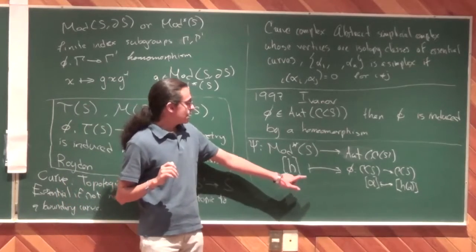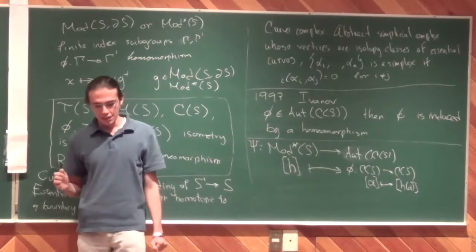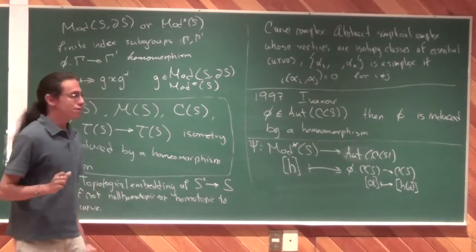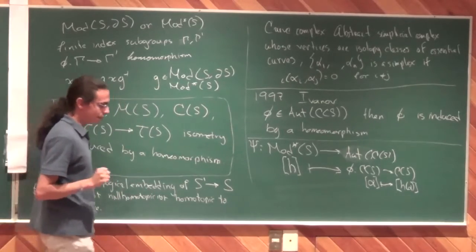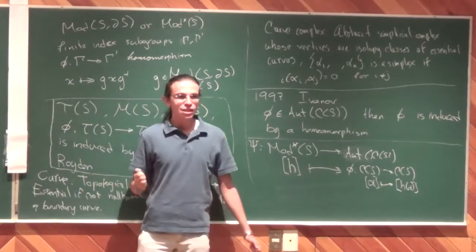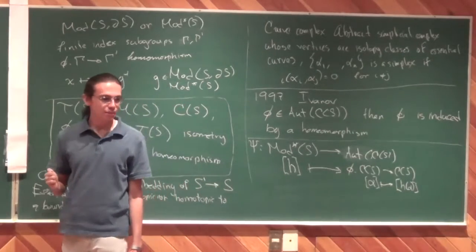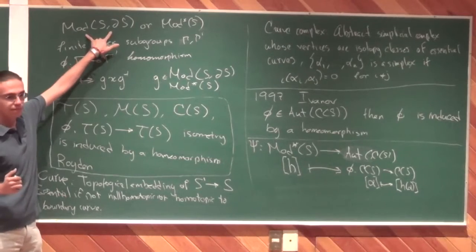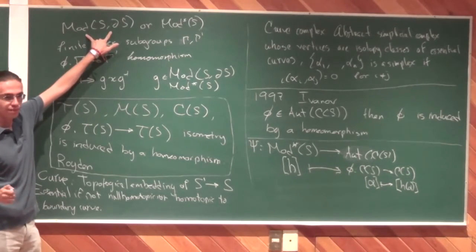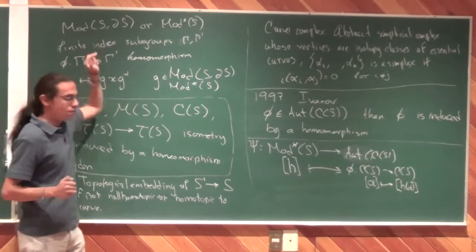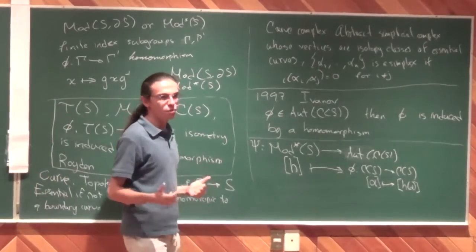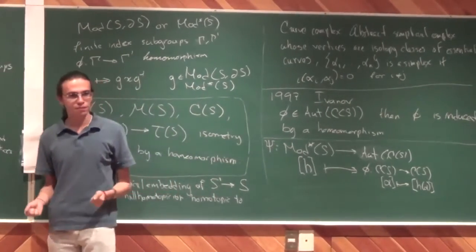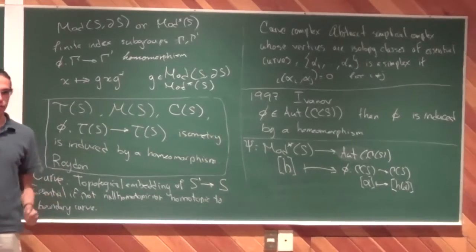anyway. So, for the compact case, there is this lemma called Alexander's lemma that pretty much tells us when an element of the mapping class group is trivial or not. It pretty much has to do with the action of the homeomorphism on some special kind of curves.